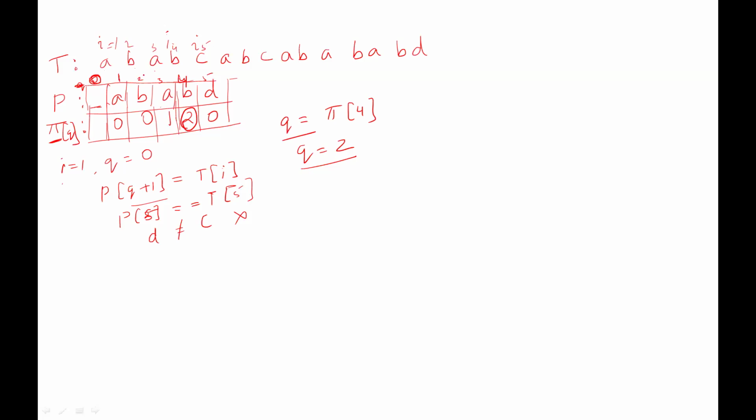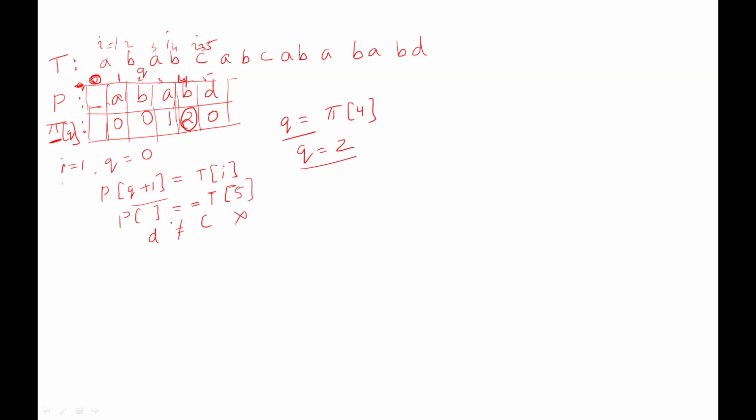Okay, so we're going to put Q here, and the I value is still at C itself, I is equal to 5. There is no change. Now we're going to compare T of I and P of Q plus 1 again.